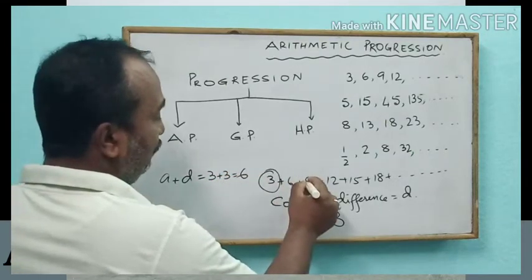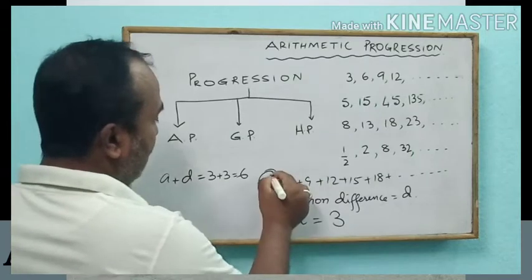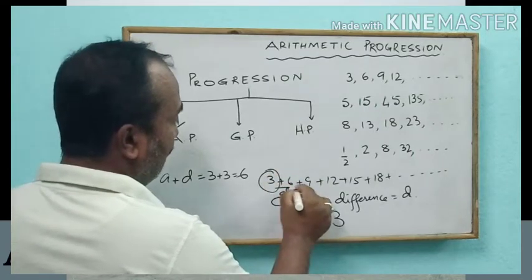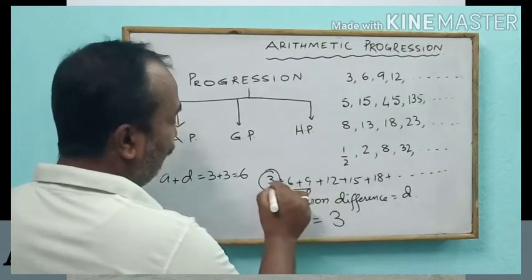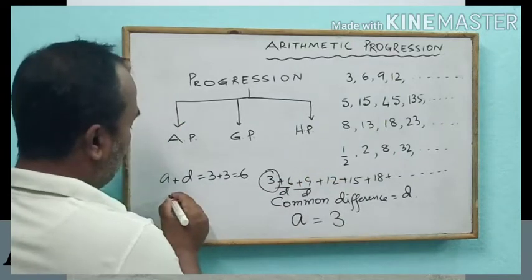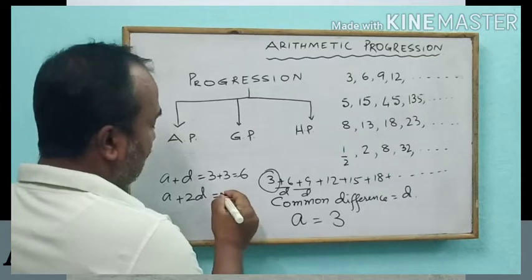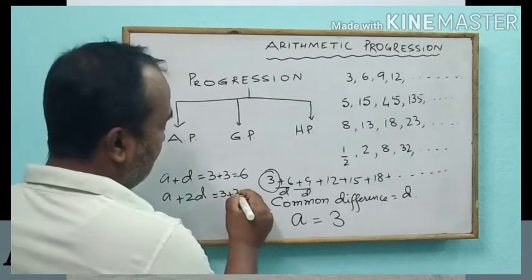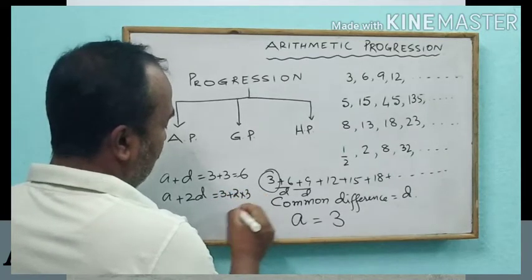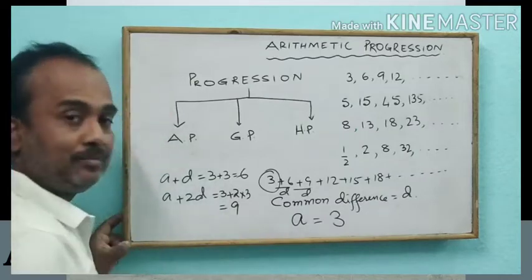Then the third number will be what? 2 times D. Here this difference is D and again this is D. So 2 times D from the initial number. So A plus 2D, that is 3 plus 2 into 3, that is 9.